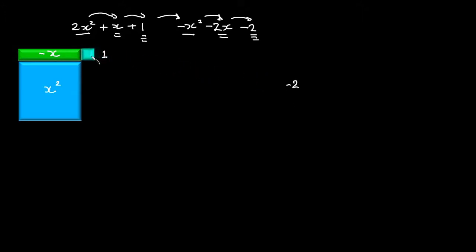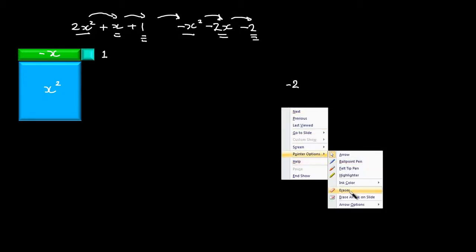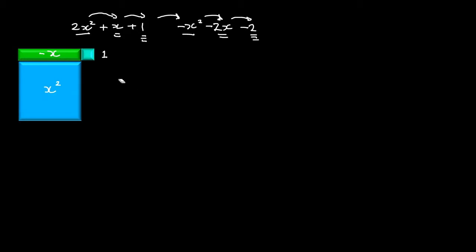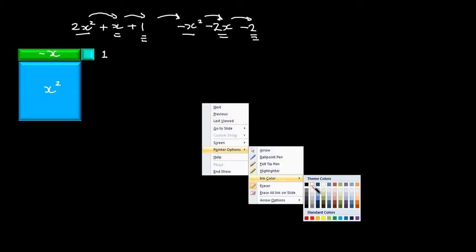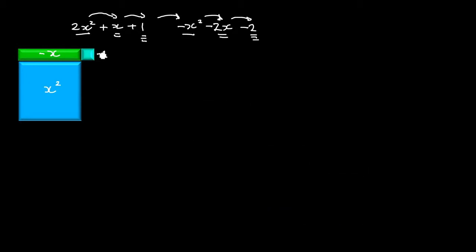So that one gets cancelled, and we end up with a negative 1. Okay, so erase that label, and this becomes negative 1. So we've got x squared minus x minus 1. Visually, that's what seems to be our result.